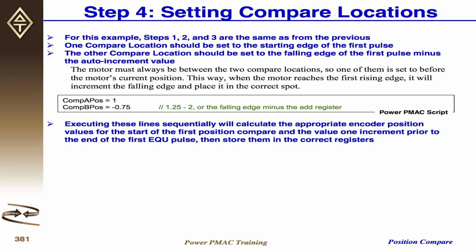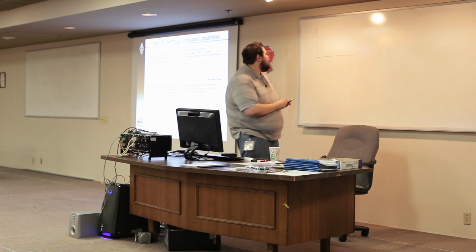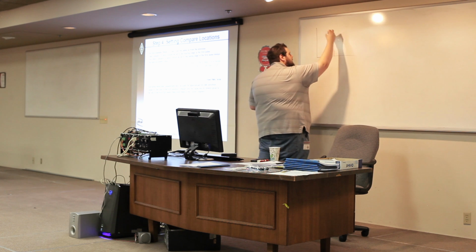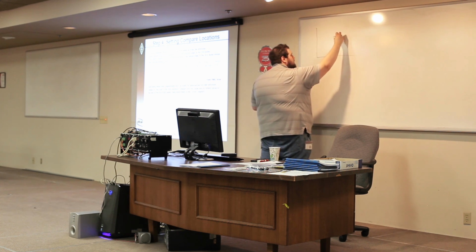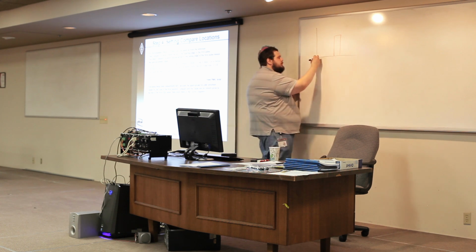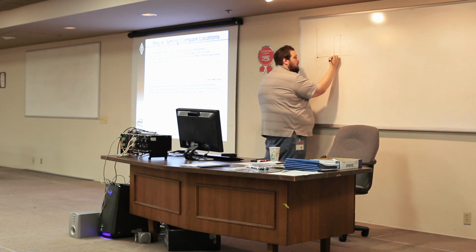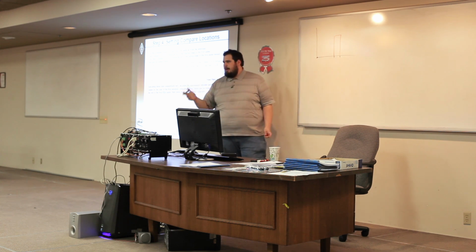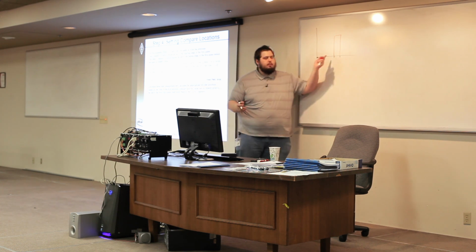We eventually want, with our motor starting out at 0, the pulse on here and off here, which means our motor is going to start out here, and we know we want 1 pulse here and 1 pulse there. But again, we need to start out in between the two of them.